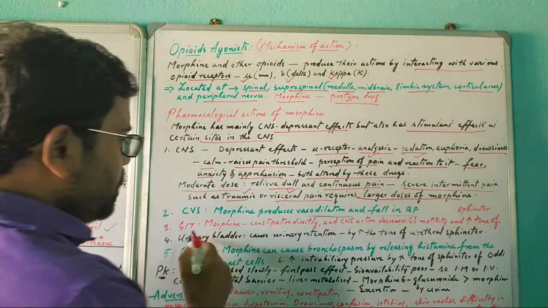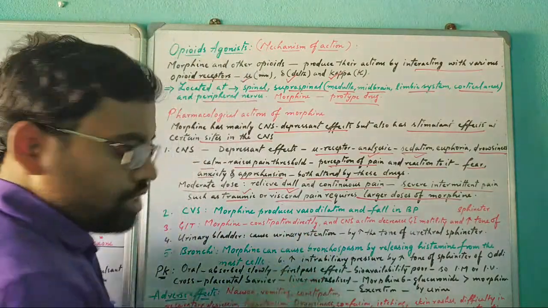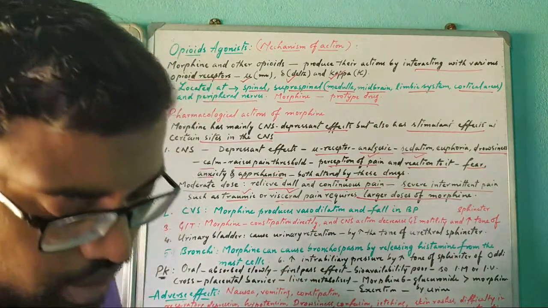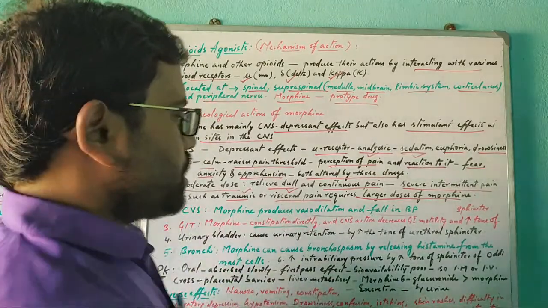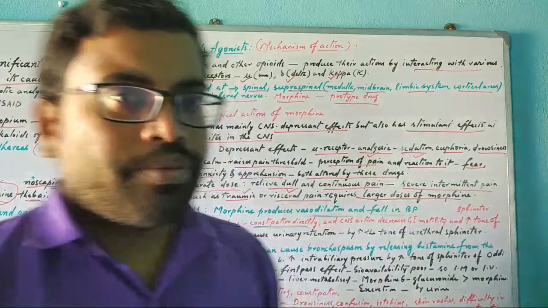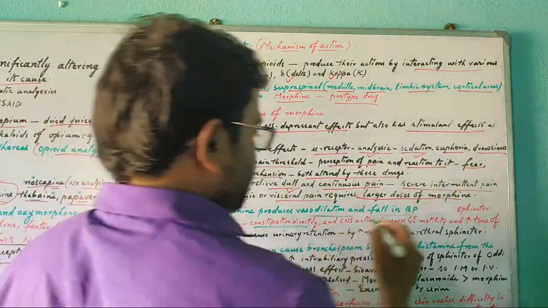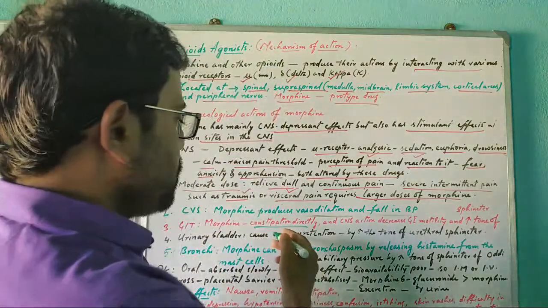Then on the GIT, morphine causes constipation directly, okay. So morphine will cause constipation, meaning there is no proper defecation. A problem in defecation is called constipation.